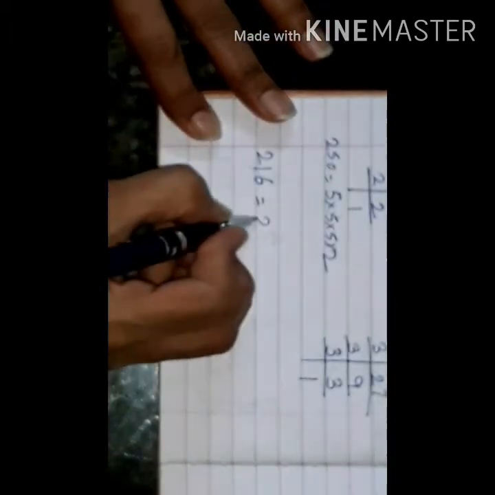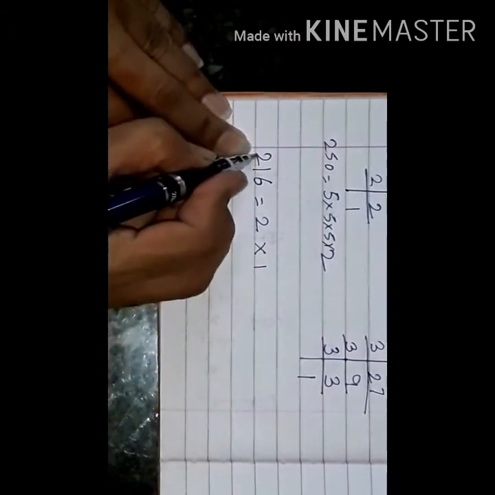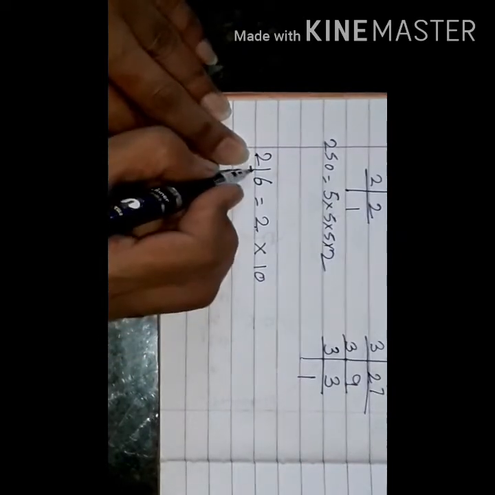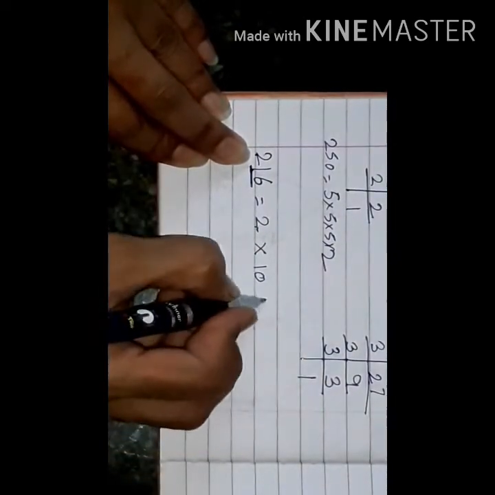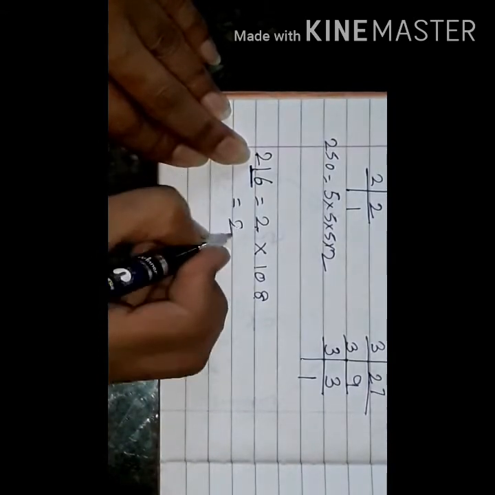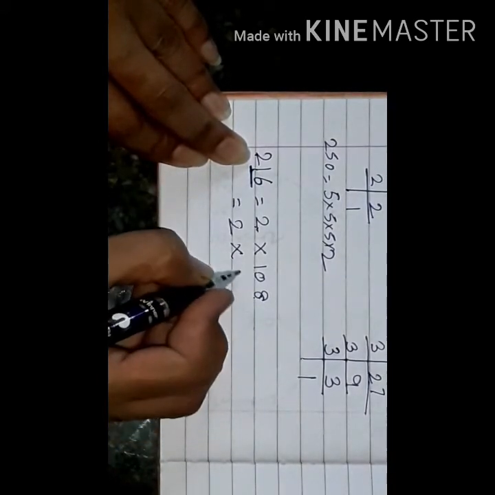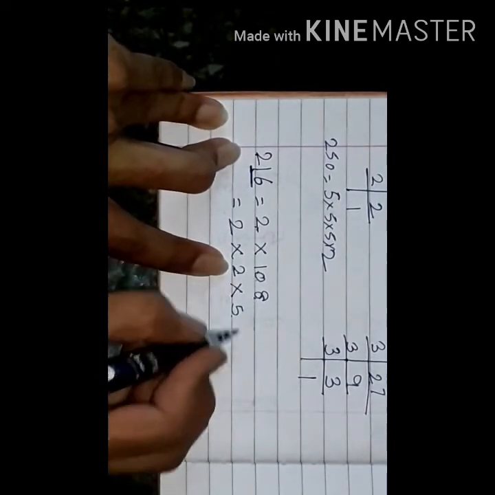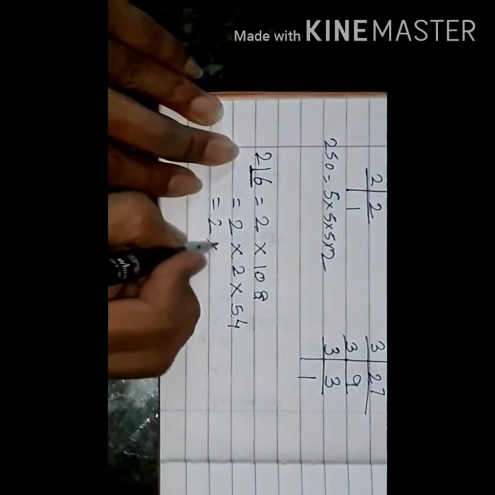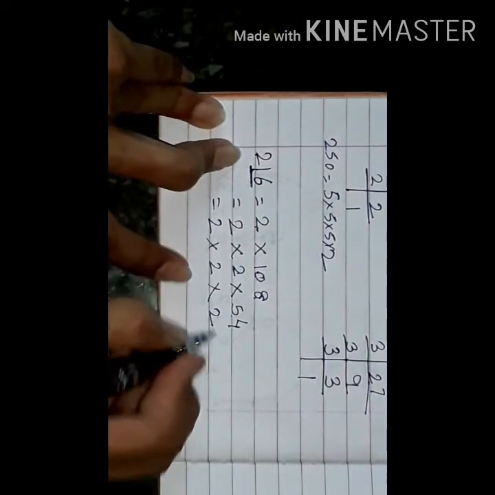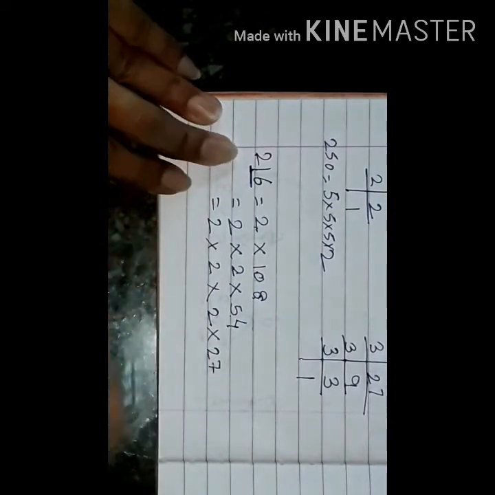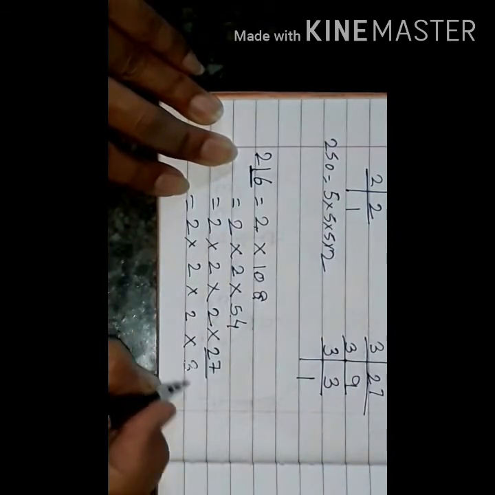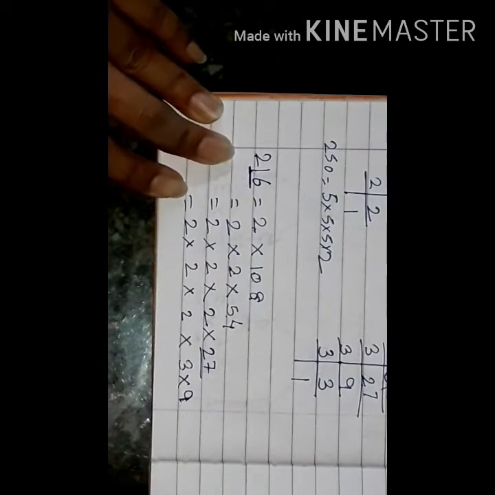216 comes in the table of 2. 2 1s are 2, 0, because 1 doesn't come in the table of 2. Then with these two digits, 2 8s are 16. 2 multiplied by, in the units place it's 8, so 2 into 2 multiplied by 2, 5s are 10, 2 4s are 8. 2 into 2, again we have to take 2, so 2 2s are 4, 2 7s are 14. 2 into 2 into 2 into 27, which comes in the table of 3, 3 9s are 27.